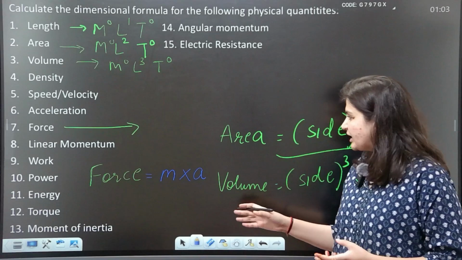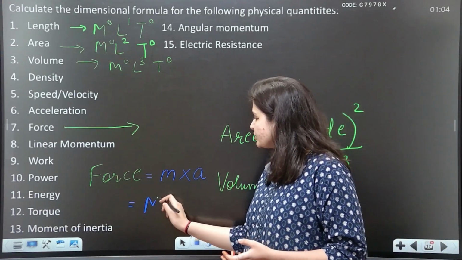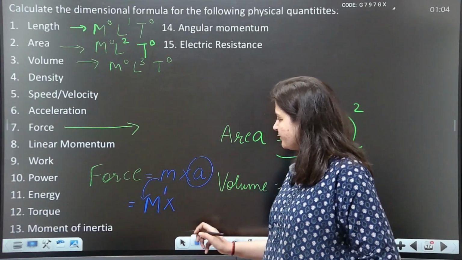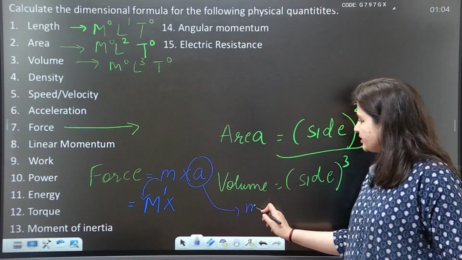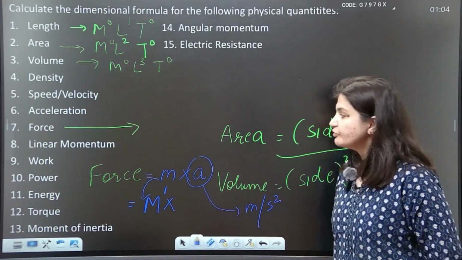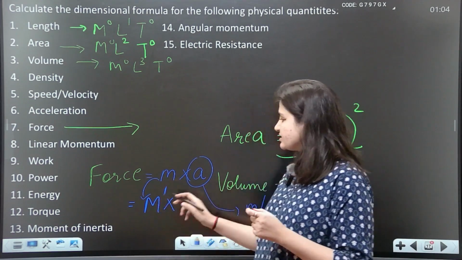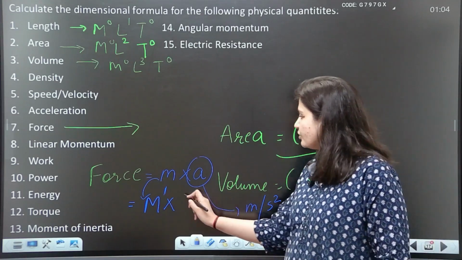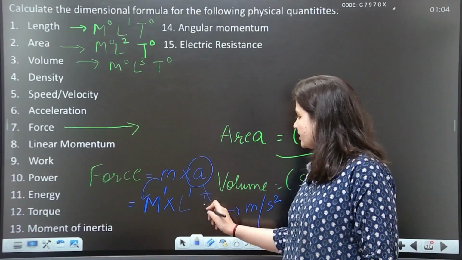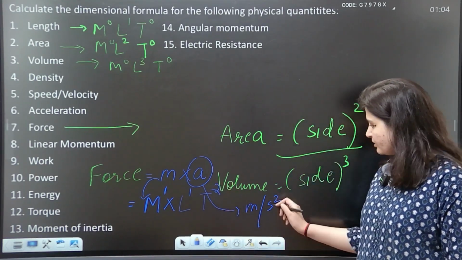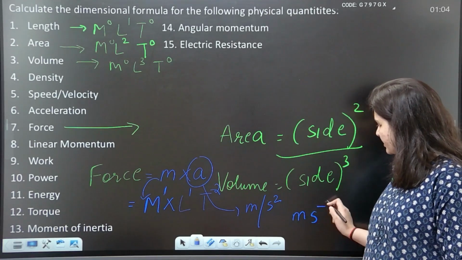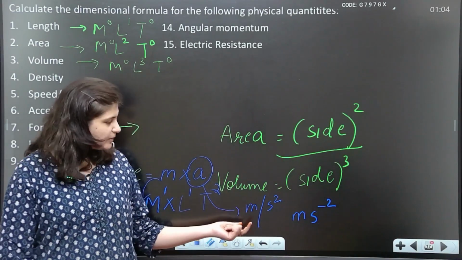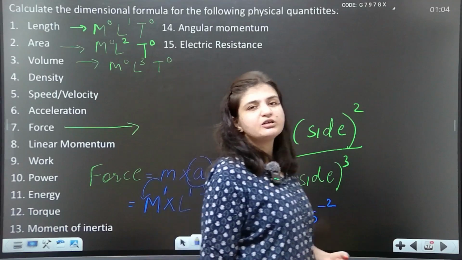Mass is expressed as M to the power 1. Acceleration is meter per second square. So we denote it as L to the power 1, T to the power minus 2, because seconds squared goes in the denominator: meter in length and seconds to the power minus 2, which is T to the power minus 2.